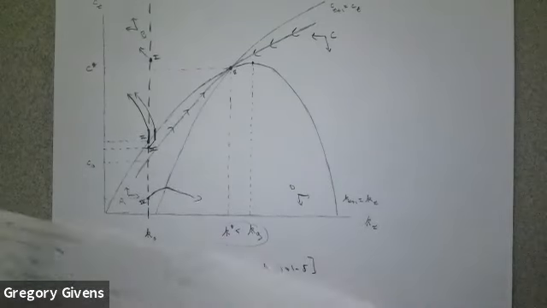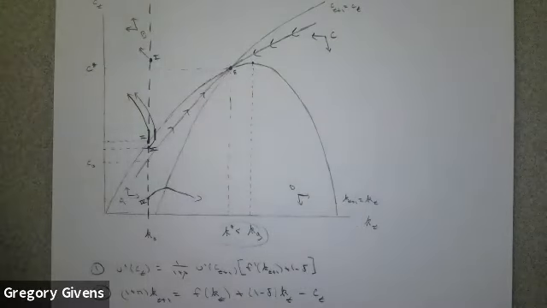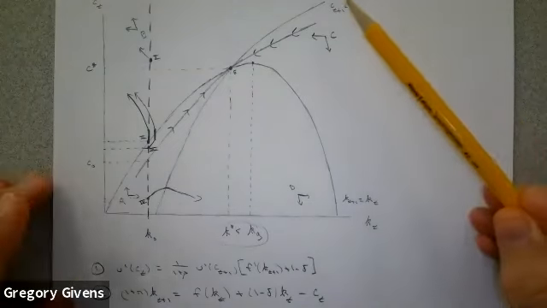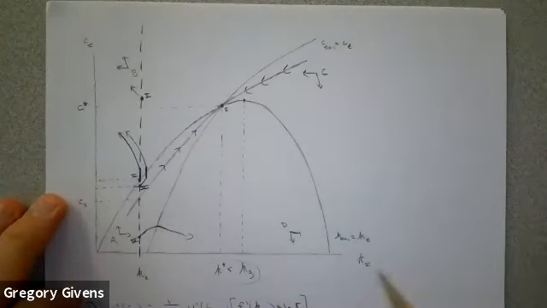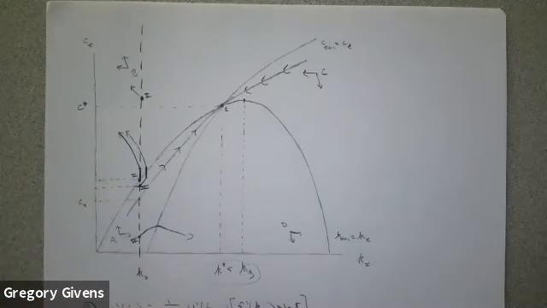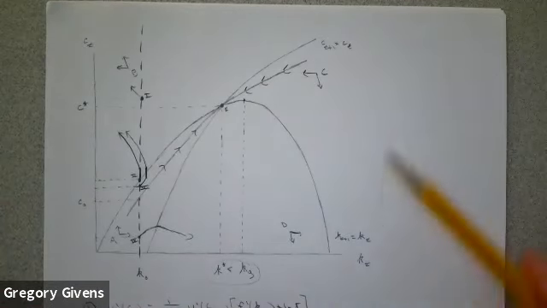Now, Ben, to answer your question a little bit more specifically, the CT locus and the KT locus are continuous functions of the capital stock and consumption, right? We're dealing with continuous functions here.